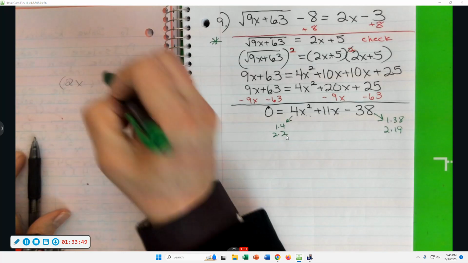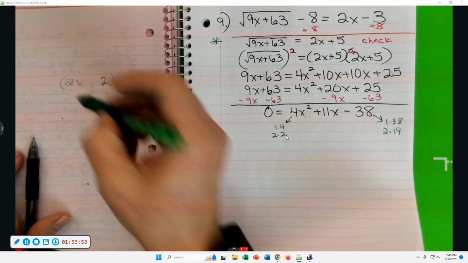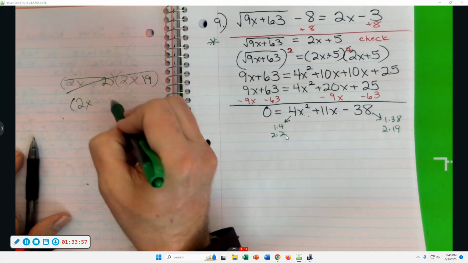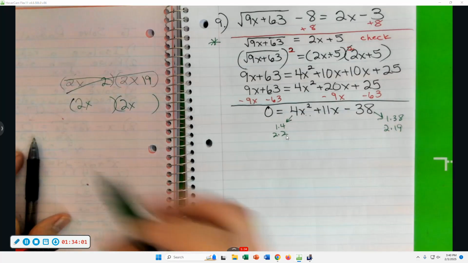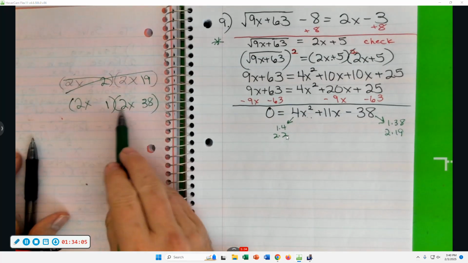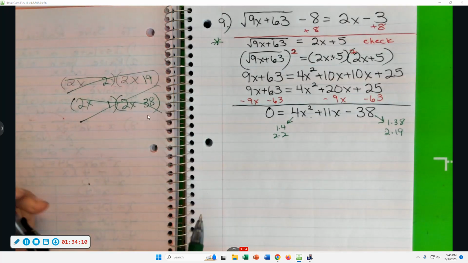Either way, if it's factorable, and the reason I know it's factorable is because the instructions didn't say, hey, use the quadratic formula.